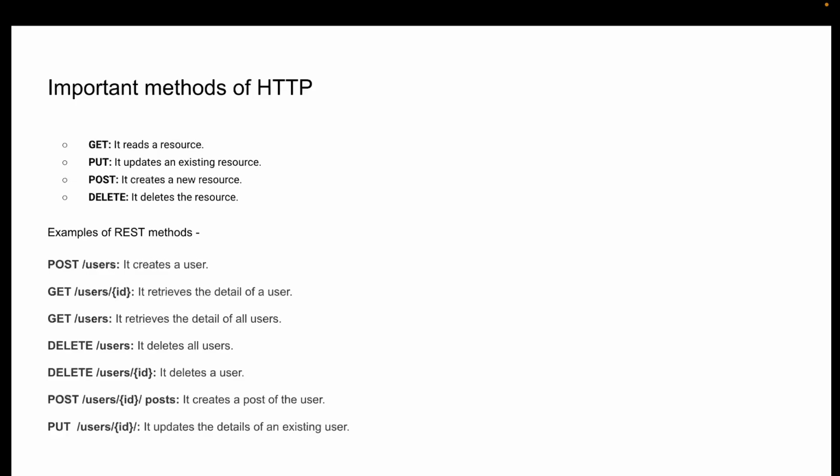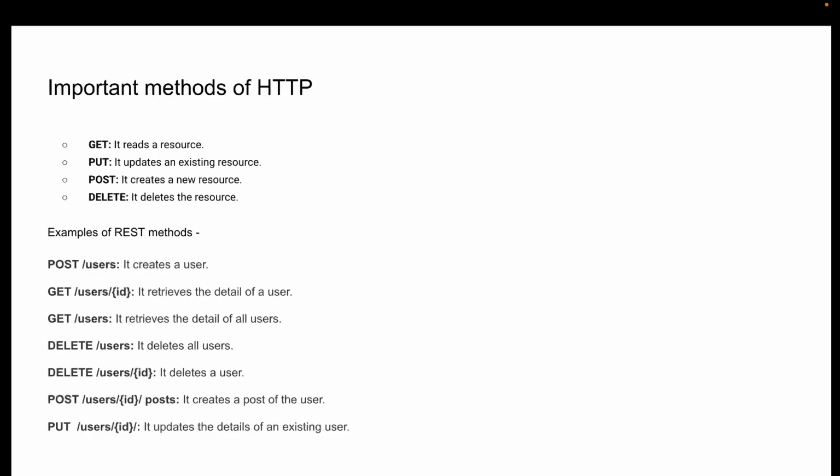His name and previous company details, his address, some family related details, those kinds of information need to be fed in. For achieving that, you can use a POST HTTP method. This basically helps to create a new resource.